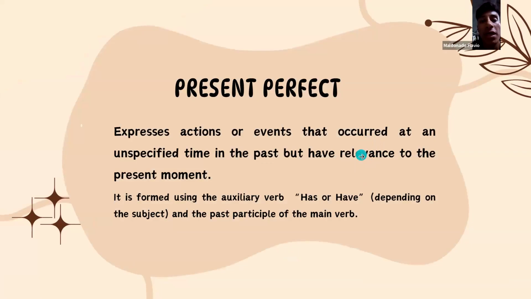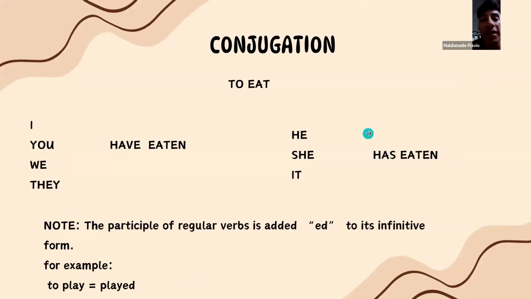To build this bridge, we need a special helper, have or has, plus the action in its past participle. For example, I have eaten tacos. Imagine we are talking about your best friend.